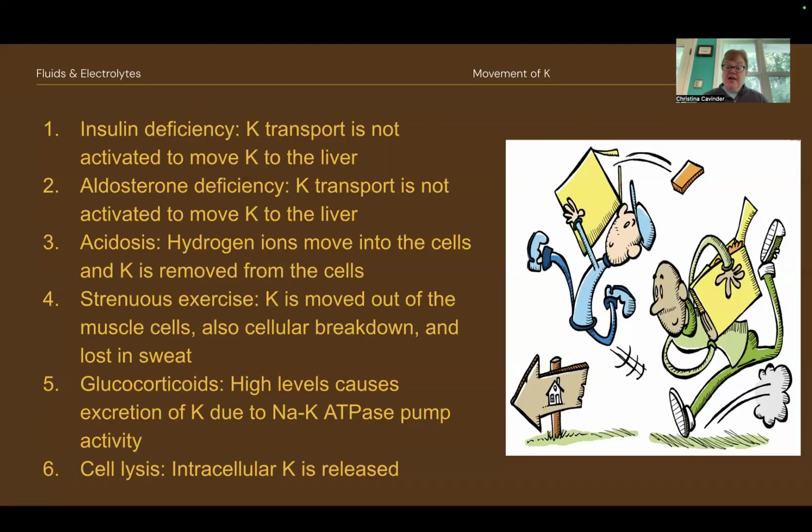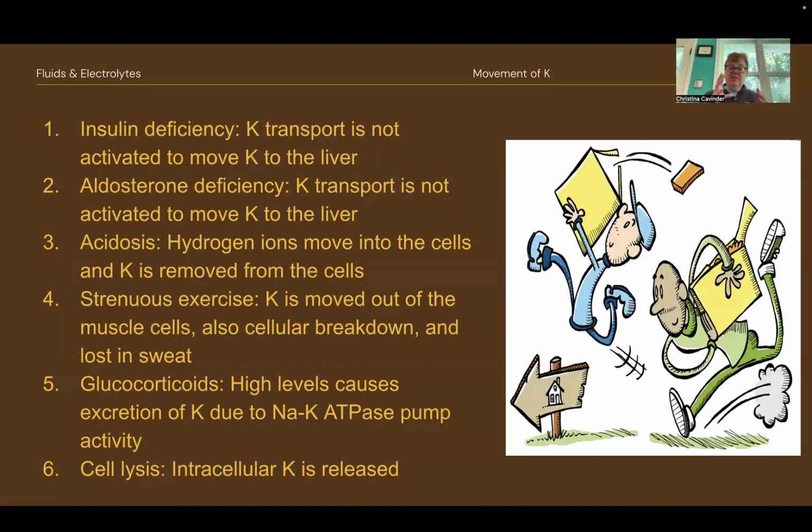Strenuous exercise: potassium is moved out of the muscle cells because of energy use, and it also causes cellular breakdown. When cells break down, there's cell lysis, and that intracellular potassium is released. It's a high number, we saw how high it was in the cell.